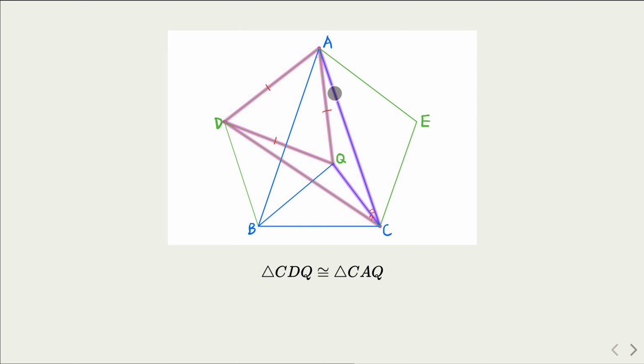All right, side, angle, side. So these two triangles are congruent, and this angle would be identical here, congruent here. In other words, CQ is the bisector of this ACD angle. What is ACD? 36 degrees. So what is ACQ? It's only half of that, 18 degrees.